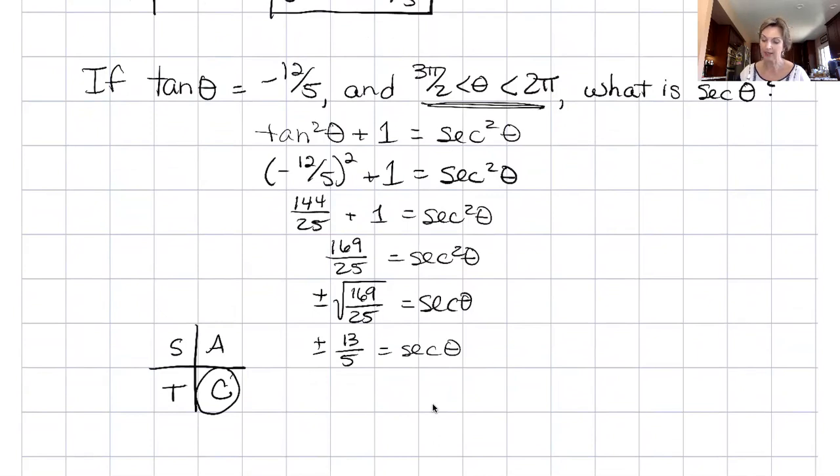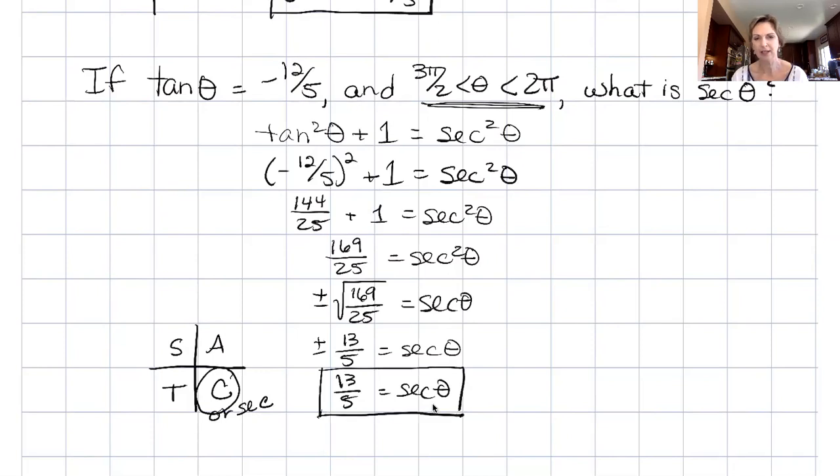That tells us that cosine and its reciprocal are positive in quadrant 4. Everything else is negative in quadrant 4. Secant is the reciprocal of cosine, so it's cosine or secant that are positive in quadrant 4. So we're going to pick the positive answer, and we're done.